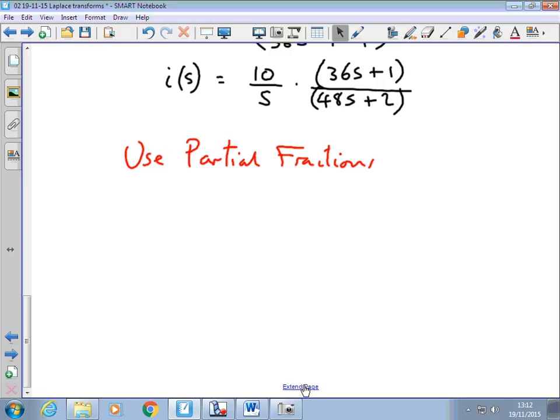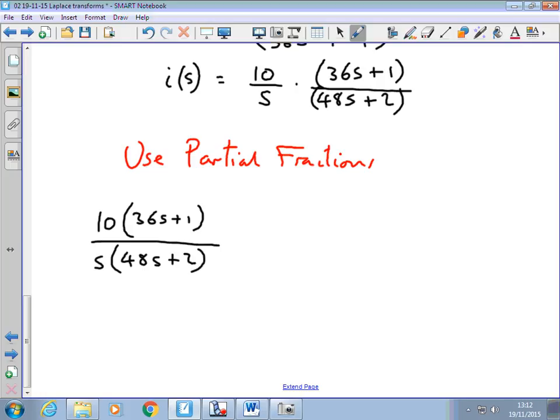I'm going to write that 10 times (36S plus 1) over S times (48S plus 2) is equivalent to some number A over S plus some other number B over 48S plus 2.